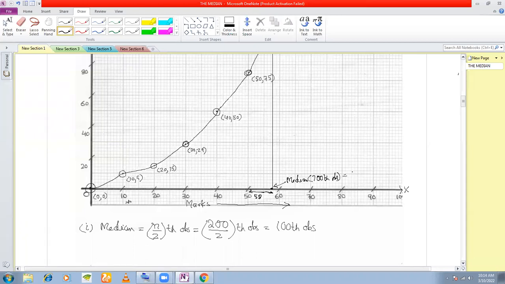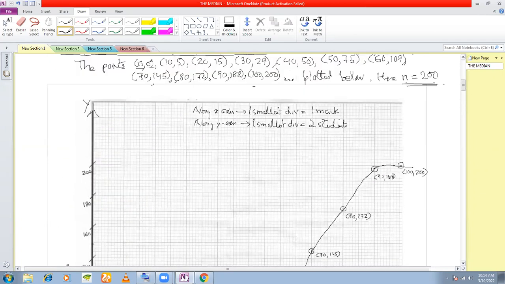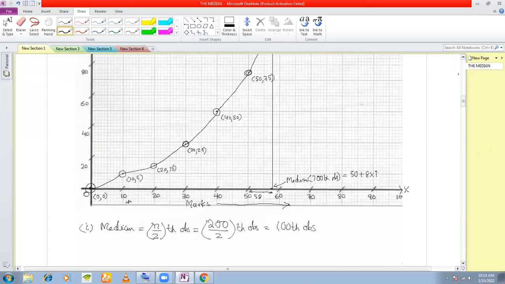That means you have 50 and you have 8 divisions, 8 into 1 mark, so 1 into 8 into 1. So you get 58. So median is 58. Is the calculation of median clear to everyone? Yes, sir.